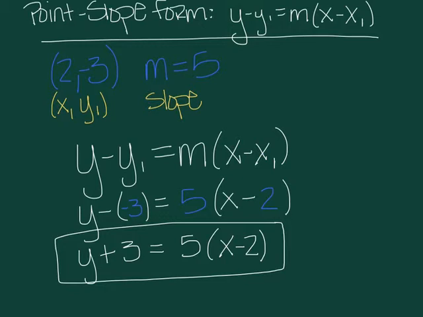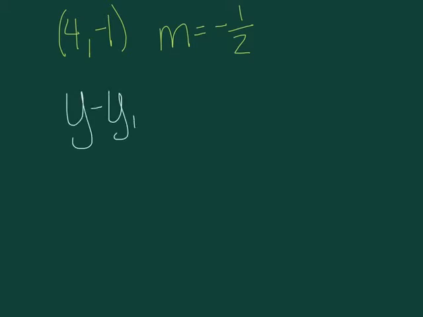Let's do one more example like this. Let's see, if we're given the point (4, -1) and a slope of -1/2, and we're asked to put this in point slope form.